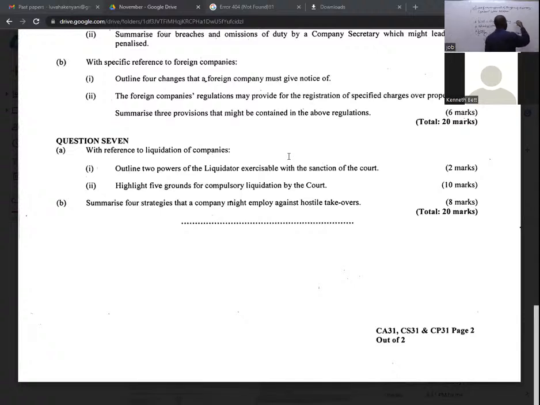So we mentioned something about reverse merger, joint ventures, share capital reduction, and demergers.